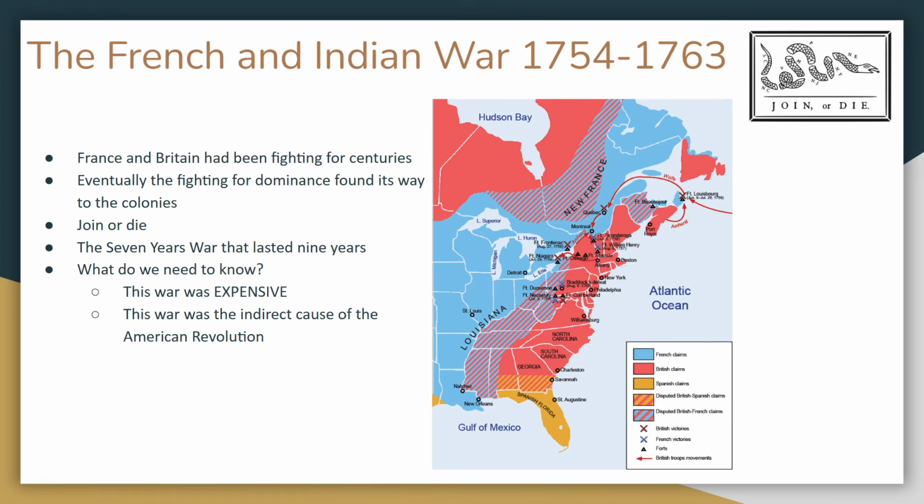So you look at our map, you can see where we have British claims and French claims, and then we have some overlapping stuff, and then some actual Spanish stuff further south. There's border skirmishes basically the entire time that there are colonies here. And in 1754, it expands because the French start allying with some native peoples.